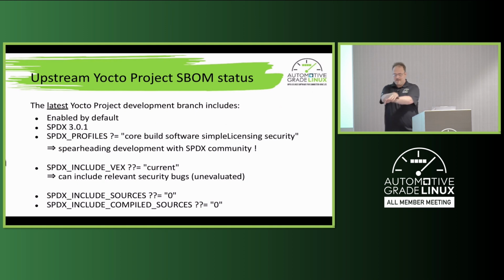So now we're getting things together. And what's also new is we can include the sources in the SBOM. And an even more interesting one, we can add the compiled sources into the SBOM, so only the stuff that's actually compiled in.